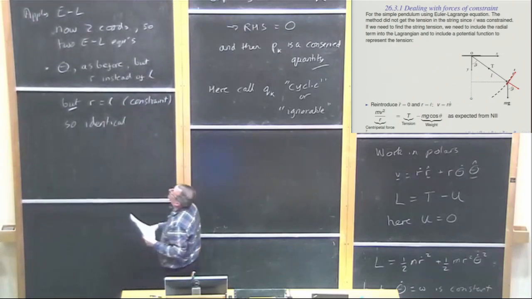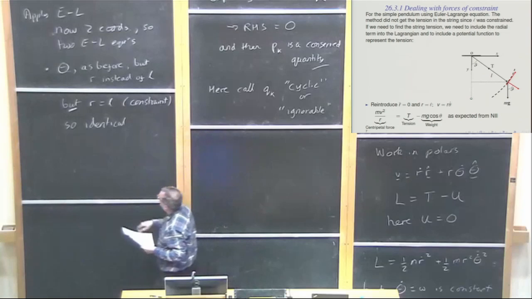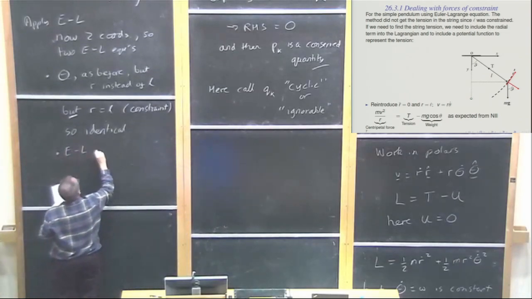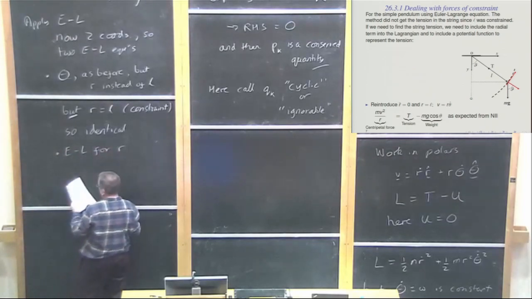Okay, so what's different is we can do Euler-Lagrange for R.